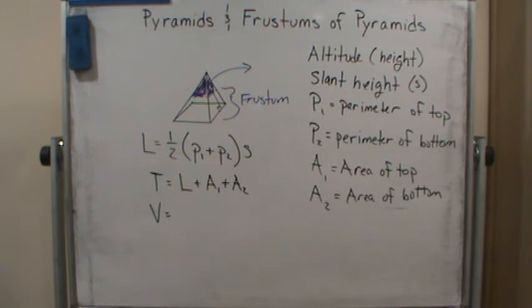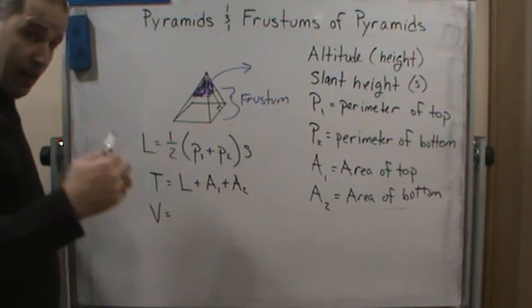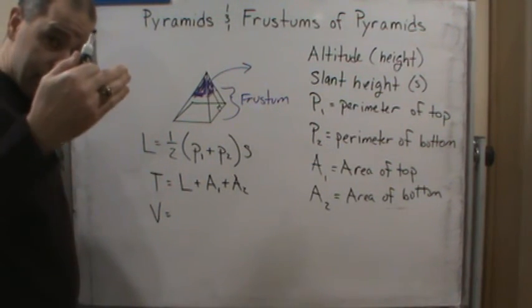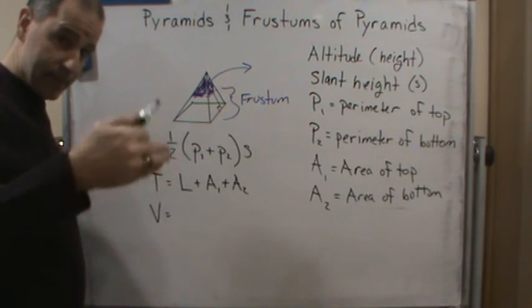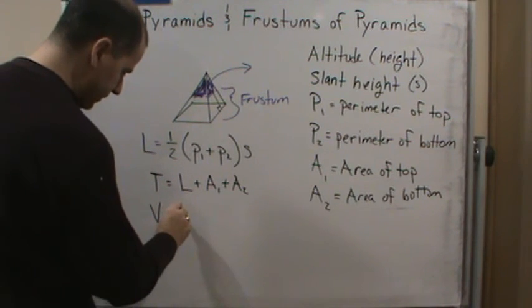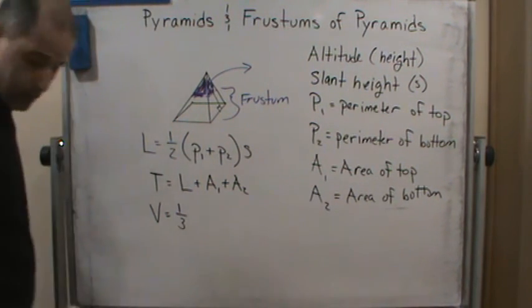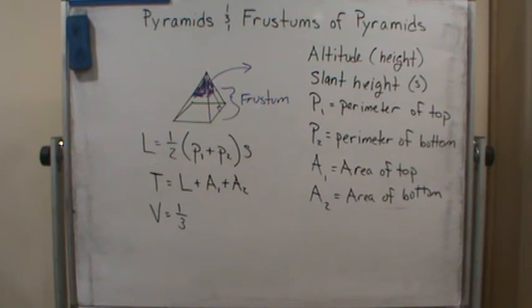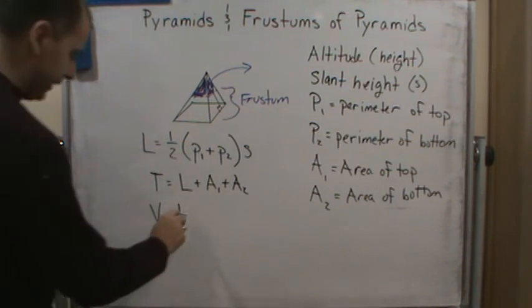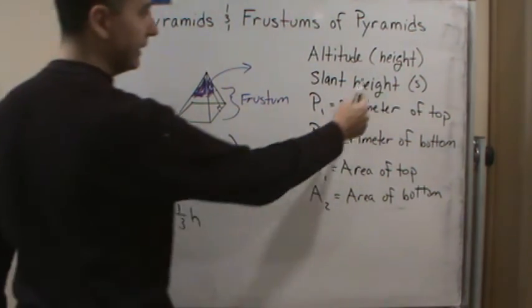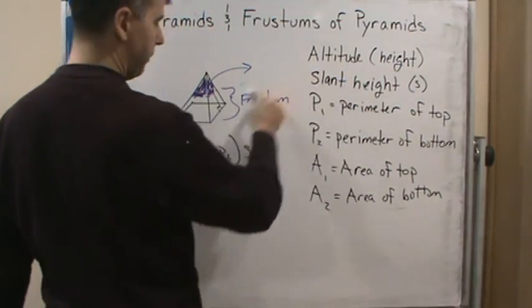So what do we get when we talk about the volume of a pyramid? Remember, it's 1/3 the area of the base times the height. So in this case, it's going to be 1/3 times the height, and the height is the altitude of the frustum.